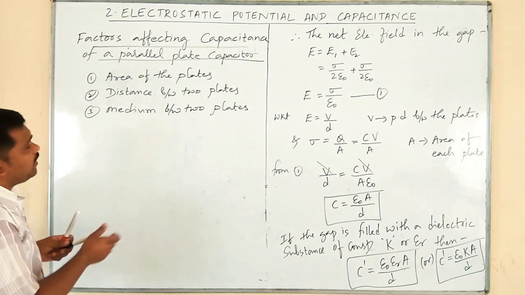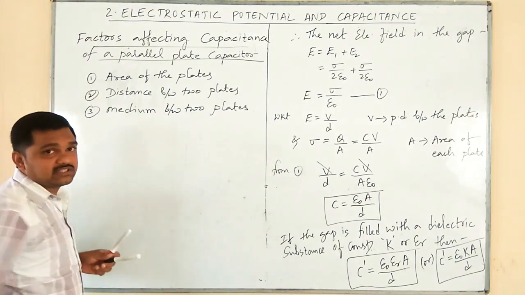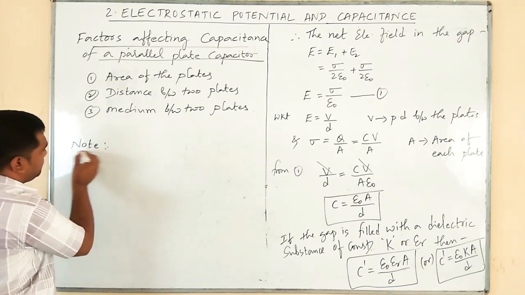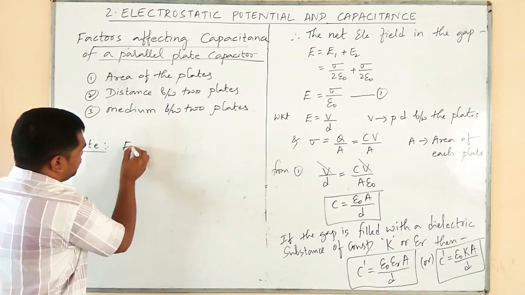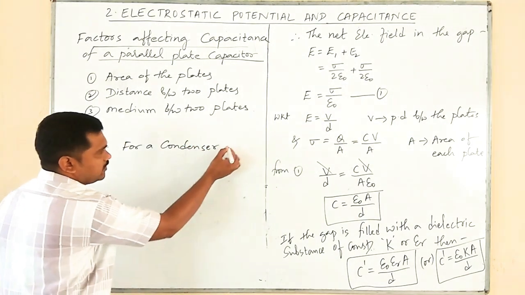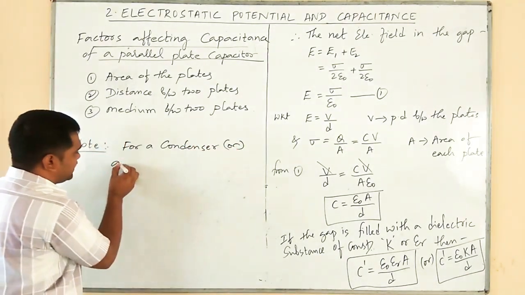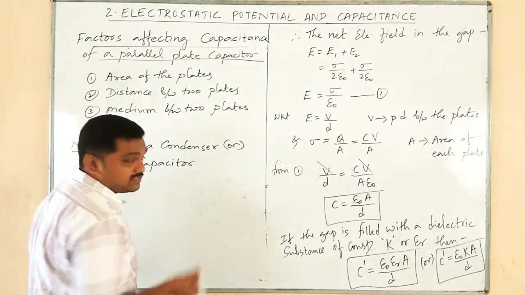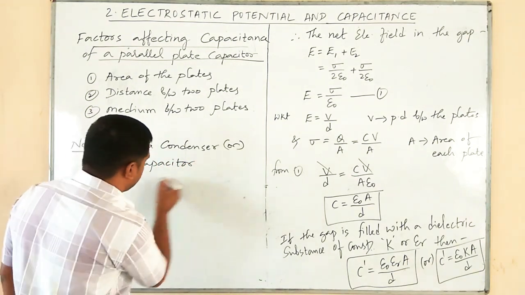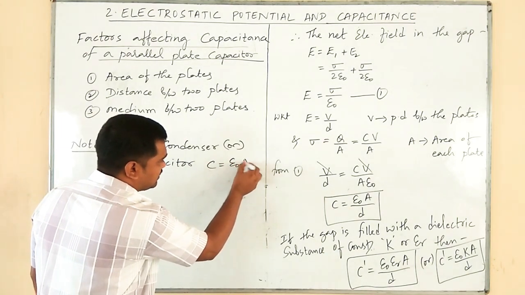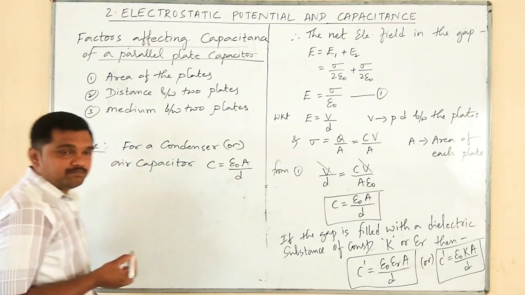See how the dielectric constant will affect the capacitance. Please remember, for an air capacitor, that is a capacitor having air in the gap, we have the equation C equals epsilon naught A over d.